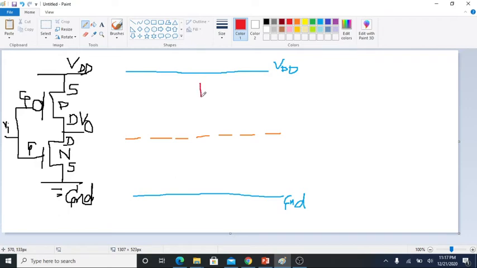We make one common line for PMOS and NMOS. Always make a common polysilicon for CMOS structures, because the inputs are common. Here you have only a single input, so you make only a single polysilicon line. If the number of inputs is 2, you make another polysilicon line of red color.